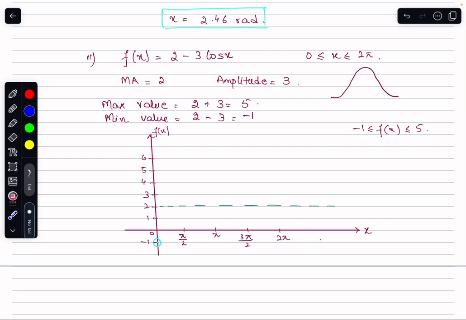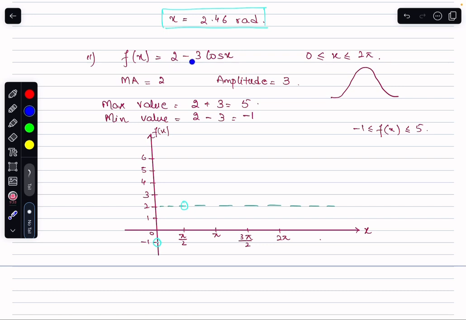Then we have cos of pi by 2. If I substitute x with pi by 2, then cos of pi by 2 is 0. That means this whole term gets eliminated, and I'll be only left with a 2 here. Substituting pi in place of x, cos of pi is negative 1, so 2 minus 3 into negative 1.